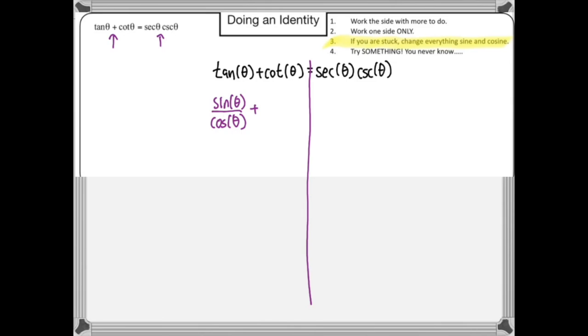And let's rewrite cotangent as cosine over sine. And so now we're like, okay, this gives us a little bit more to go on because now we have some stuff to do. And I'm going to do that shoelace technique that we looked at in the other video.